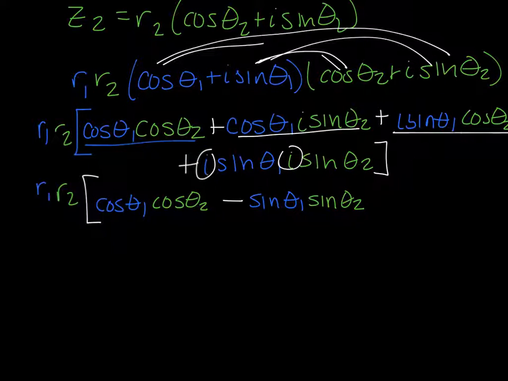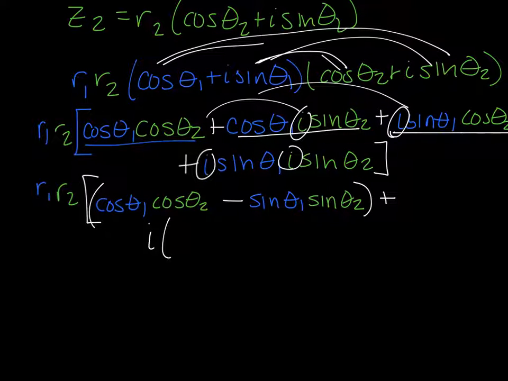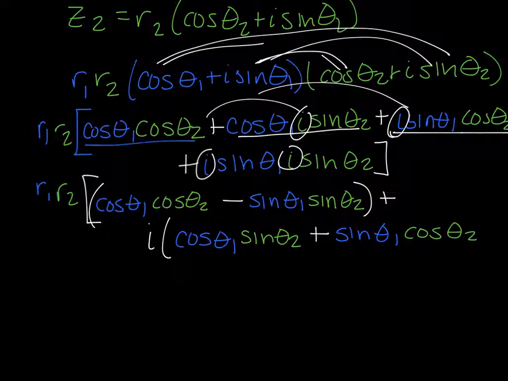Okay, so that's grouped together, plus, and then these other ones that still have I in them. I'm factoring out the I and writing what I have left: cosine theta 1 times the sine of theta 2 plus the sine of theta 1 times the cosine of theta 2.